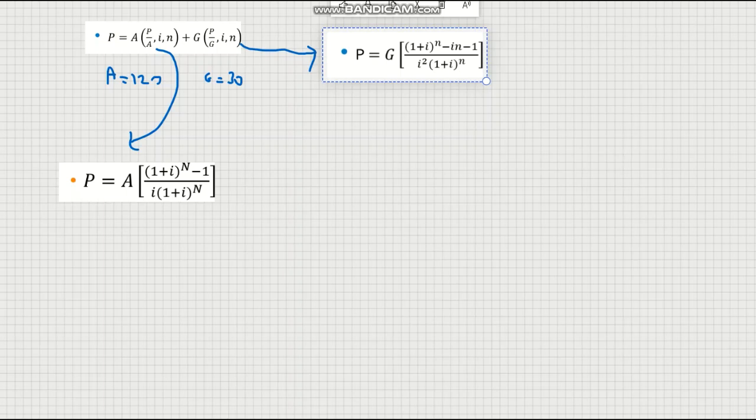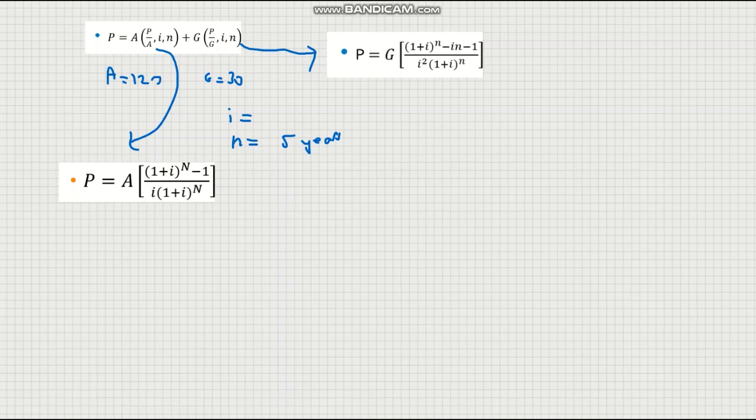Let's see what is i, which is the interest rate, and N is already given, 5 years. So let me check what the interest rate is.